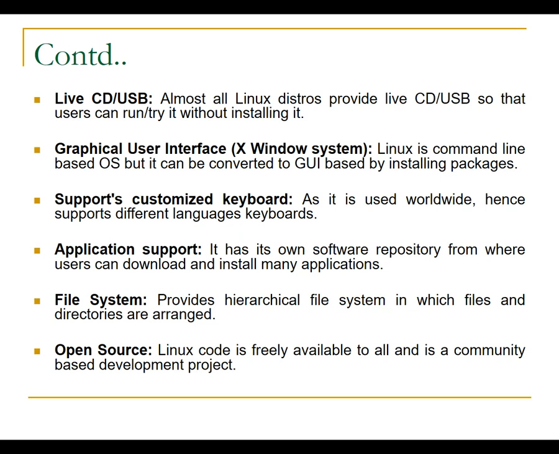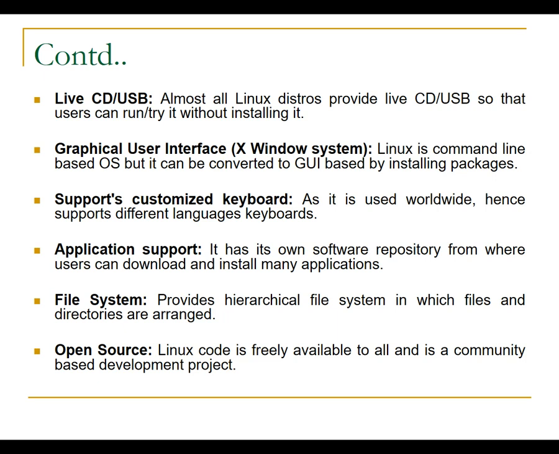Linux provides the execution of the operating system without installing it on the local machine. That means by using a live CD and USB, you can also access the resources of Linux. Linux has a better graphical user interface. It supports customized keyboard. It provides various application support.